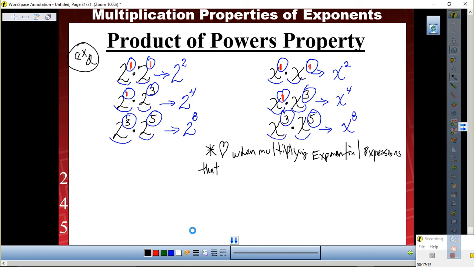Who can help me out with the next? That have, or what was the word? Share the same base. Share the same base, comma. Who can finish it off? Yes, Chelford? I add the exponents, period, and then thank you.